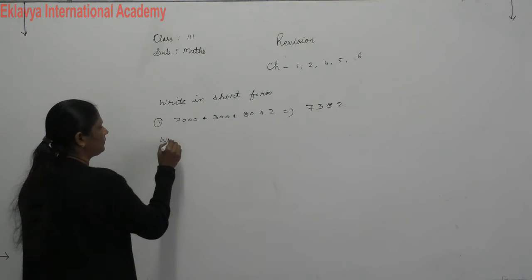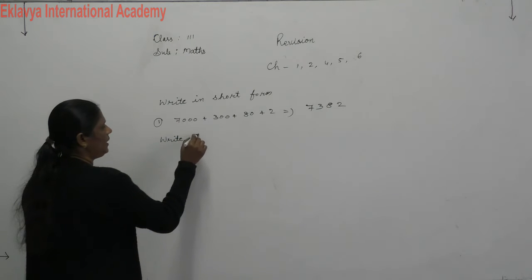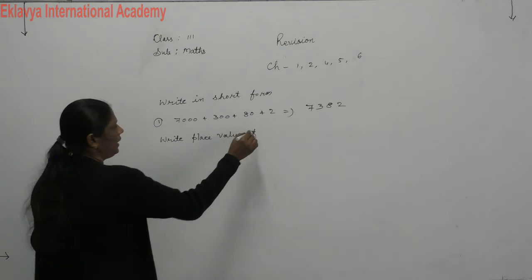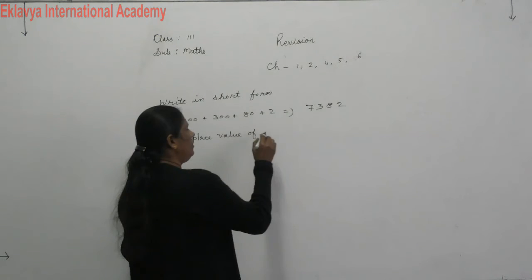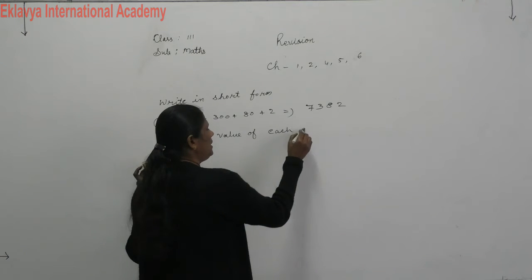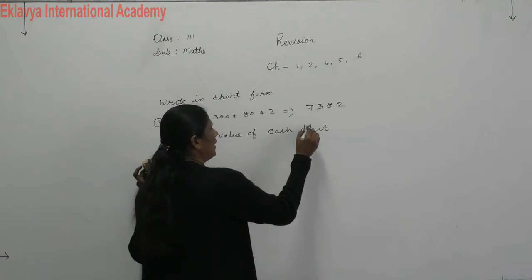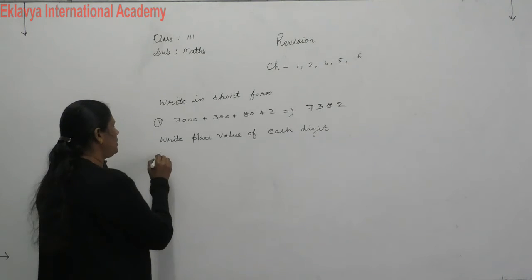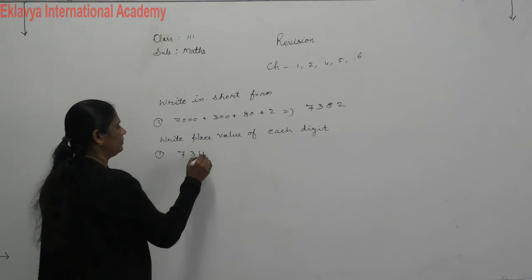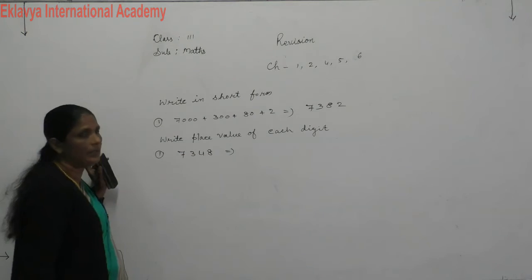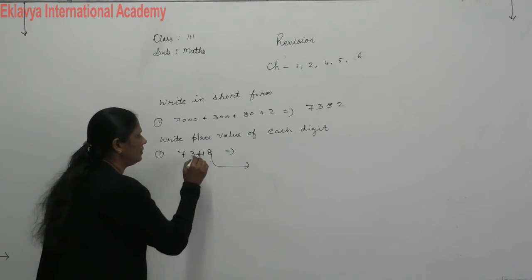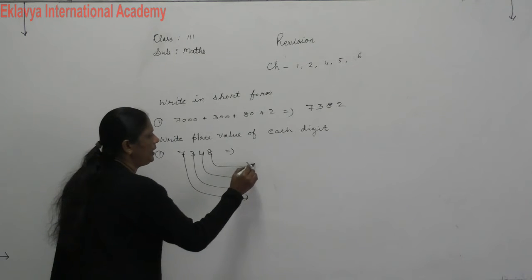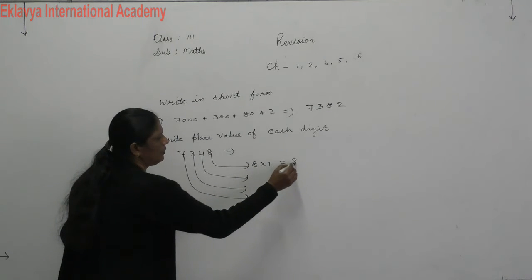Write the place value of each digit. Then this way you write. 8 into 1 is equal to 8.